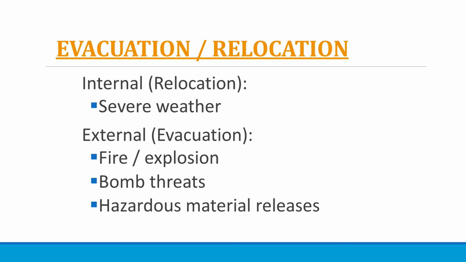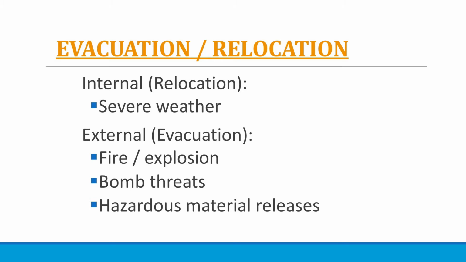Hazardous material releases. Now, depending on what the hazardous material is, depending on where it's located, you may close all the windows, turn off the heating, ventilation, air conditioning units, and just hang in place and let that material disperse throughout the atmosphere so that it becomes less toxic.